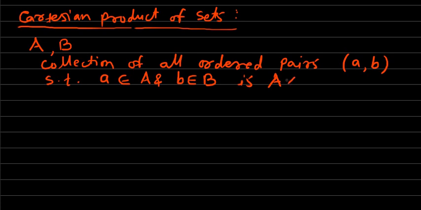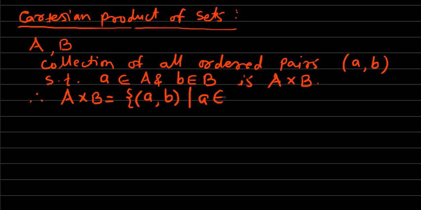We denote it by the notation A cross B. Therefore, A cross B equals the set of all ordered pairs (a, b) such that a belongs to A and b belongs to B. Like this, the Cartesian product of two sets is defined.